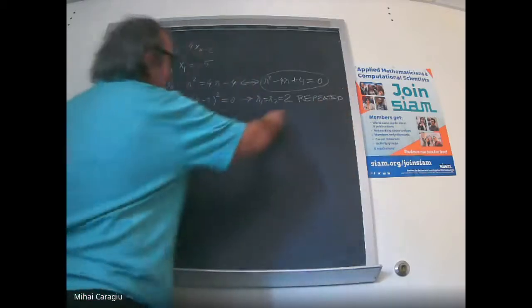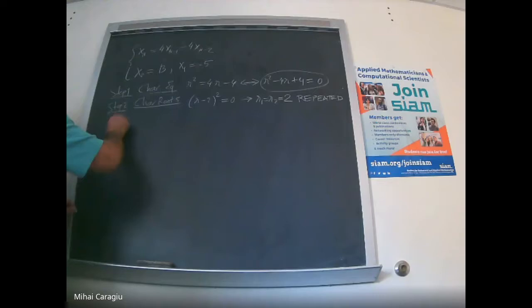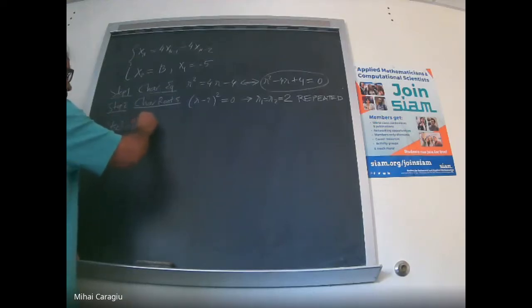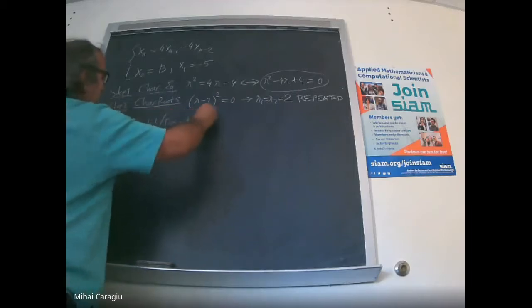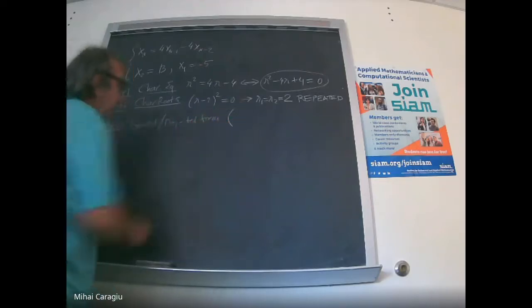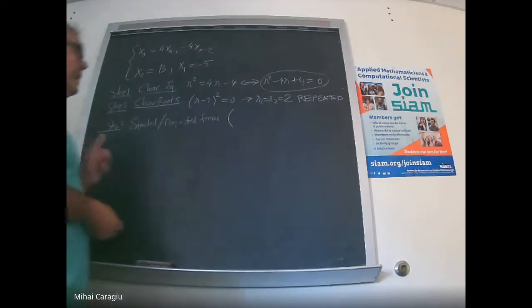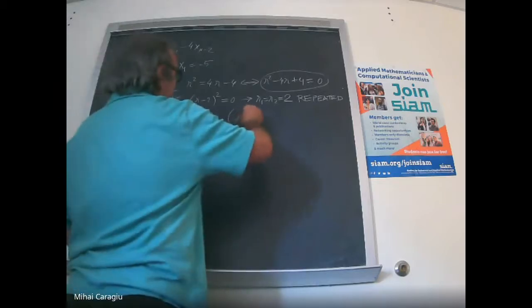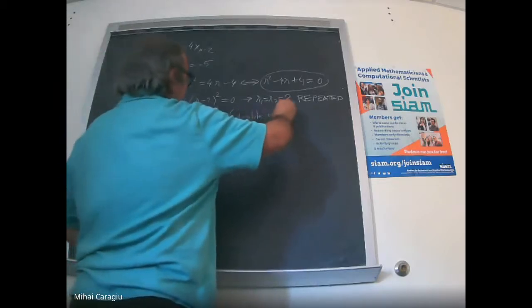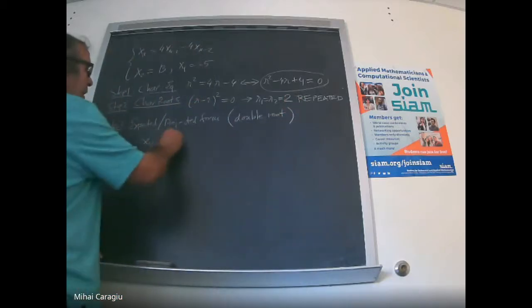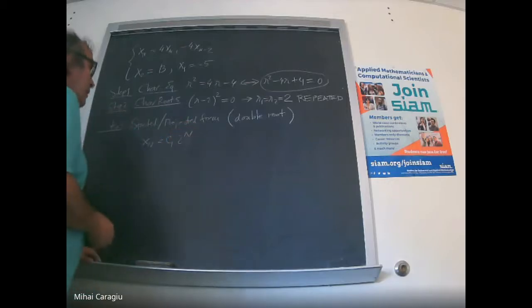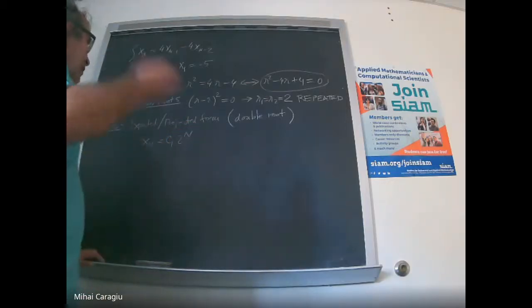So this brings us to step number 3. Expected, or projected, form. Given that we have repeated characteristic roots, or double roots, xn equals c1 times 2 to the power n, but we cannot say plus c2 times 2 to the power n, for obvious reason, because it's nothing different.